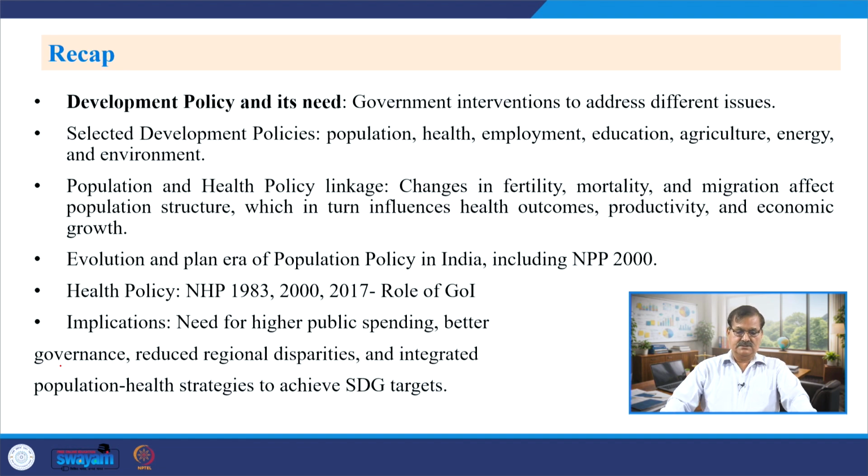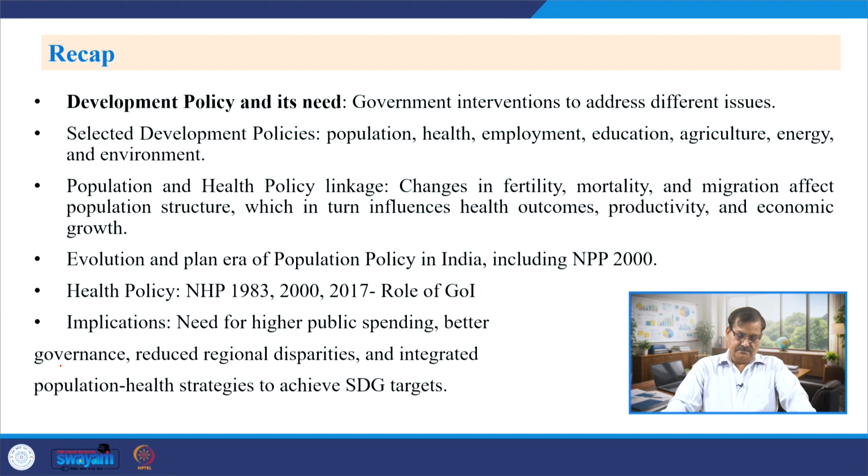But let me first recap what we have discussed earlier. We have discussed two main policies. First was related to population and second was related to health, and both are closely associated.